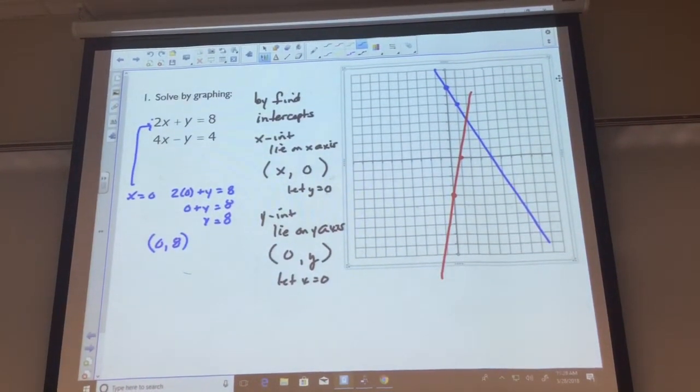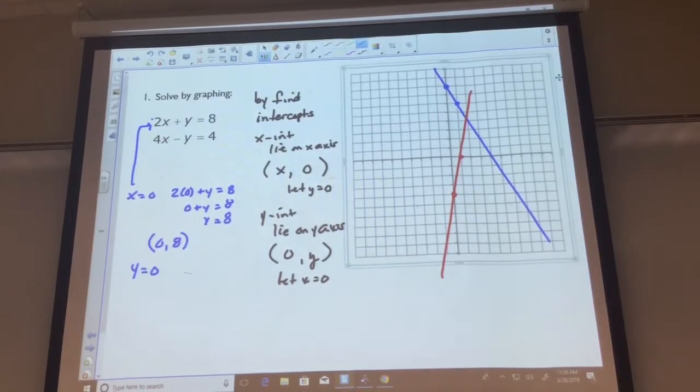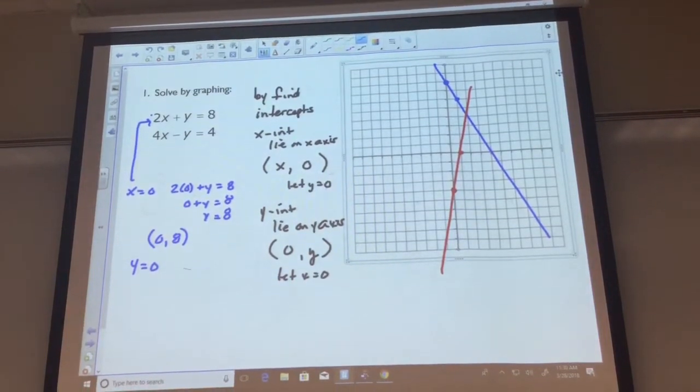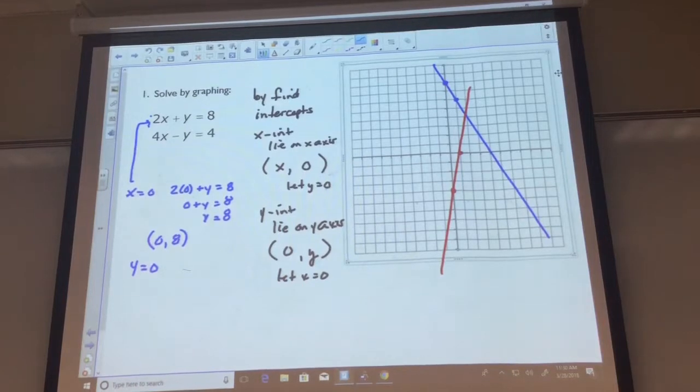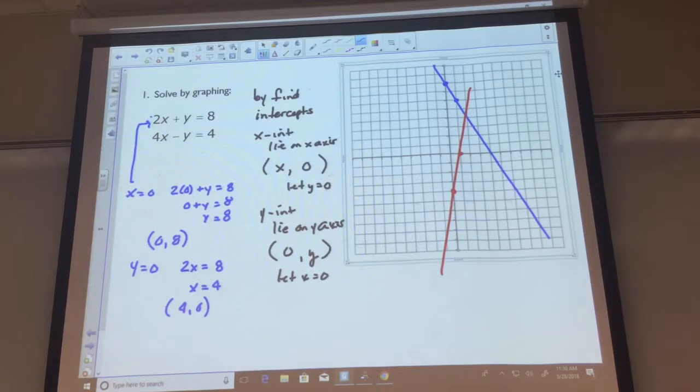If I let y equal 0, then isn't that going to make y go away? And isn't that going to leave 2x equal to 8, which leads me to an x value of 4? So now my ordered pair is 4, 0. And isn't that the same point? Well, wait a minute, that's not the same point that I put on the graph, is it?